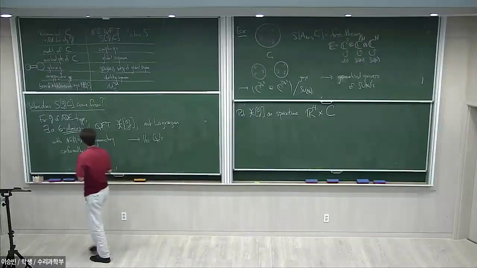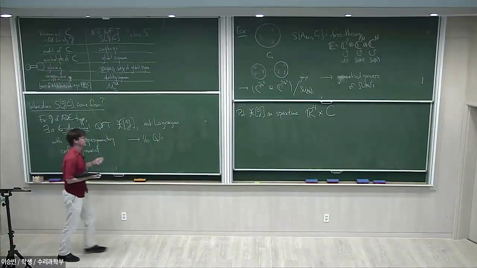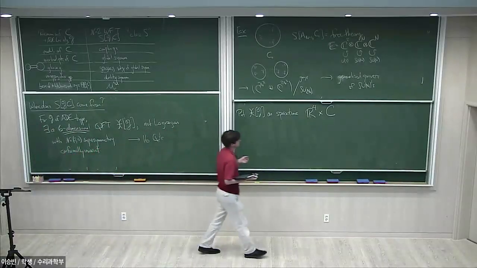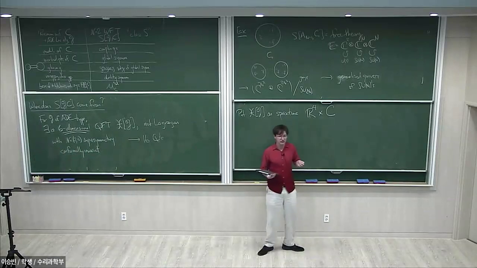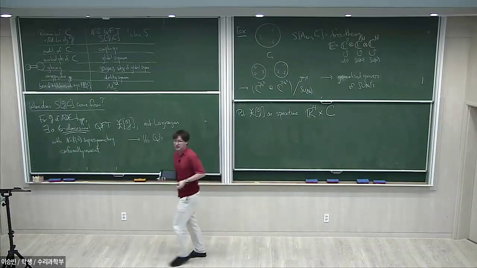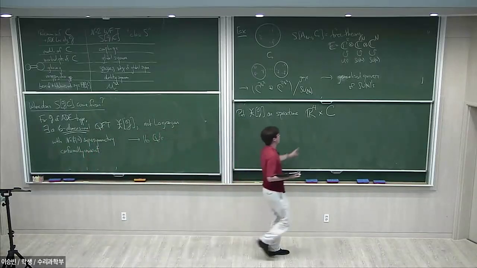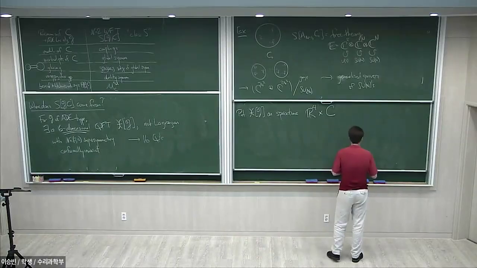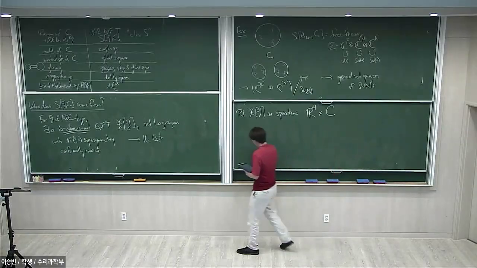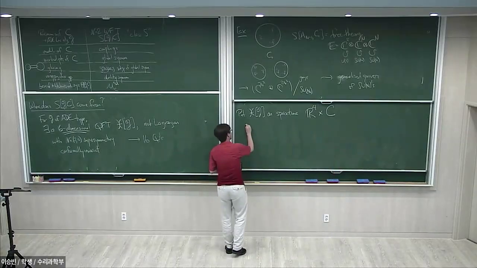So it's a 6-dimensional field theory, so you ought to be able to formulate it not only on R^6, but hopefully on any 6 manifold. And here you try to put it on R4 cross a compact surface. And then we look at it in the limit.